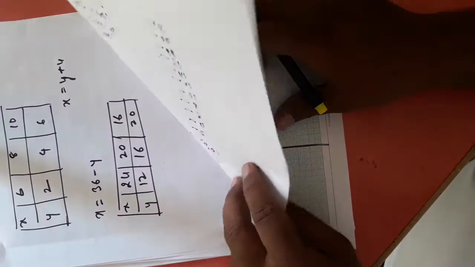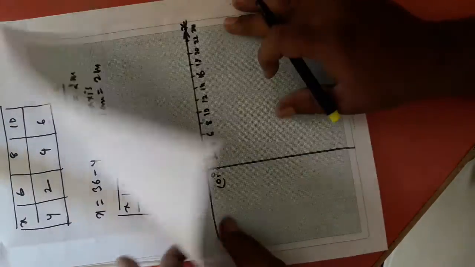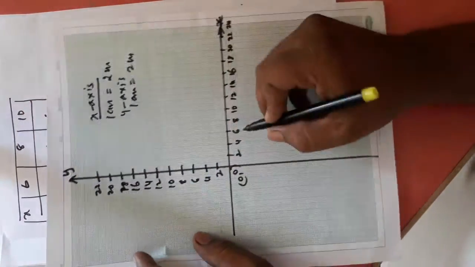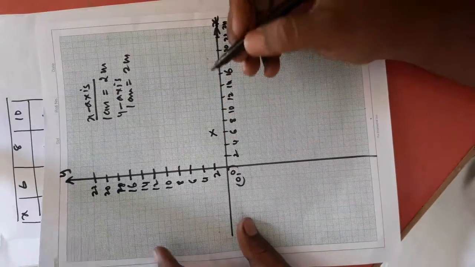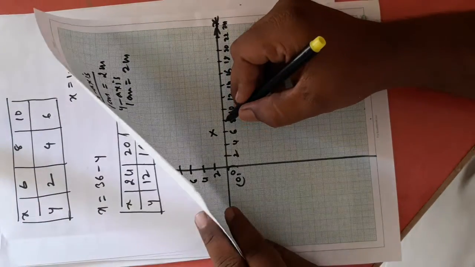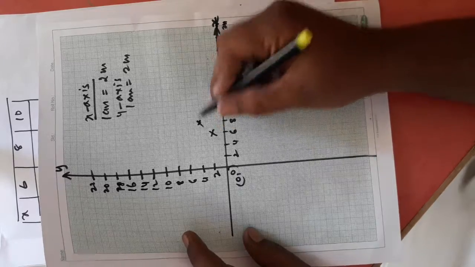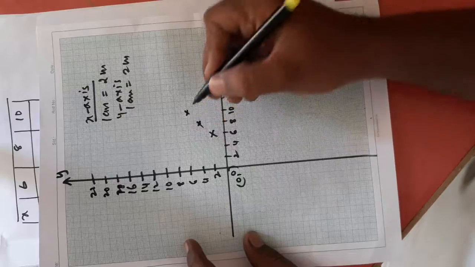Then I will draw the graph for both the lines. First line, you see: x is 6, y is 2; x is 8, y is 4; x is 10, y is 6.